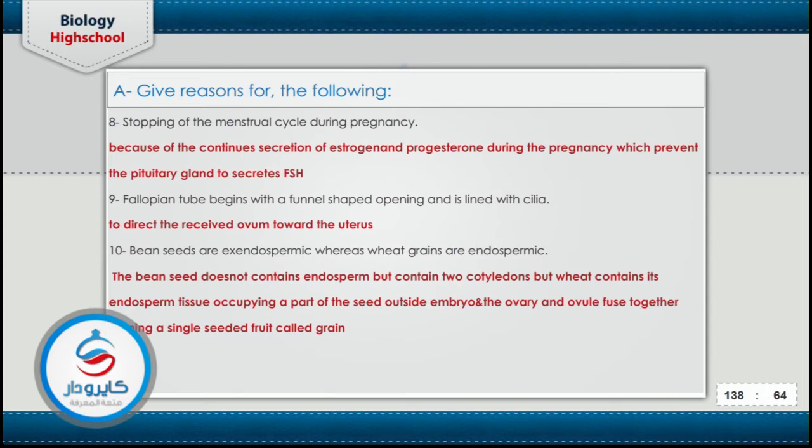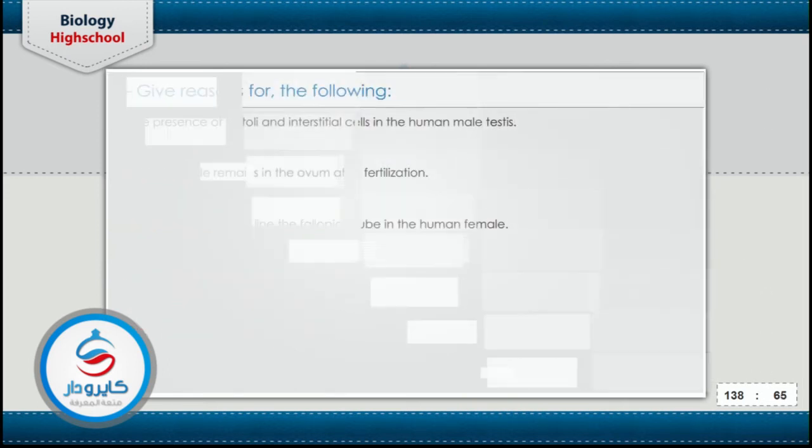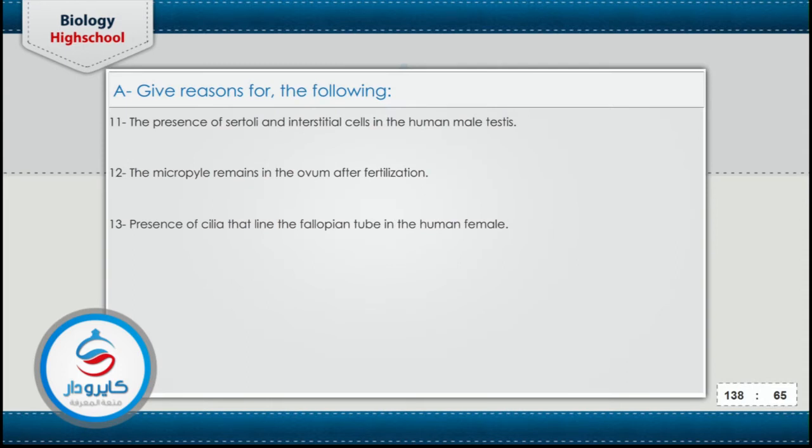The next question. The presence of the Sertoli and the interstitial cells in the human male testes. It is as if he is asking what the Sertoli cells do and what the interstitial cells do. We said the Sertoli cells are responsible for the secretion of nutritive substance to feed the sperms, and they also have an immunization function.